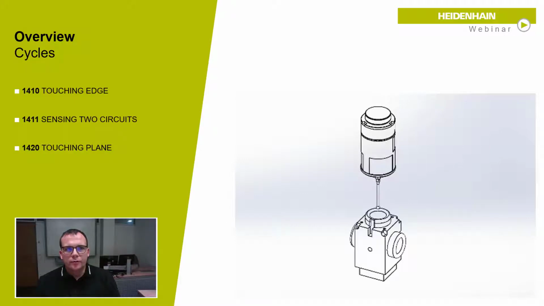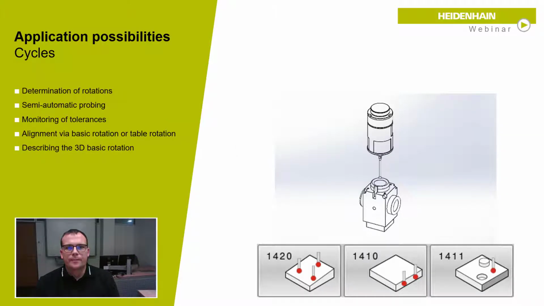Let's start with the overview. So we have 3 new cycles, the cycle 1410, 1411 and 1420. These are 3 new cycles for probing rotation. So we can use the 1420, for example, for an alignment of the surface and to transfer this alignment to the 3D basic rotation of the TNC 640.